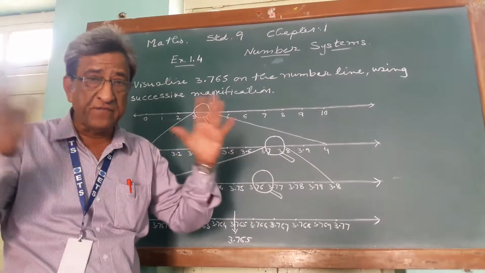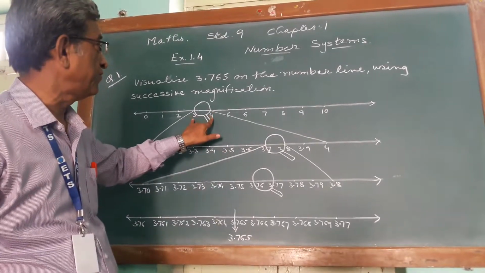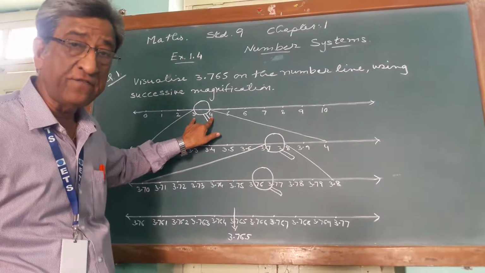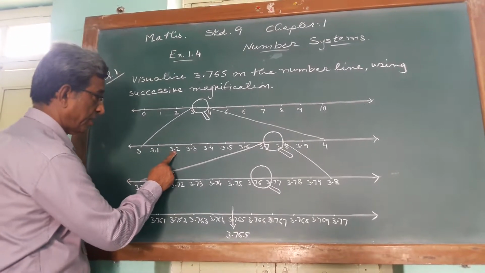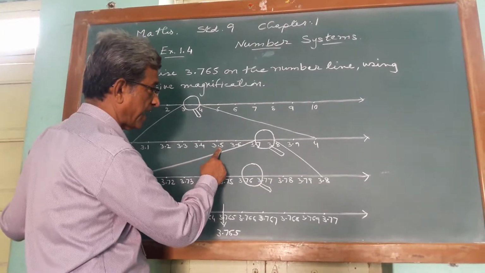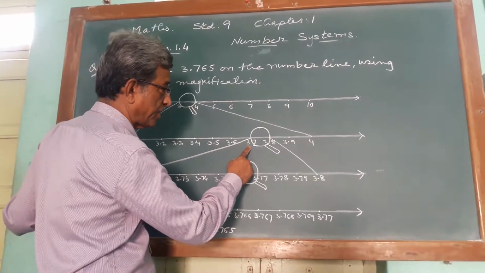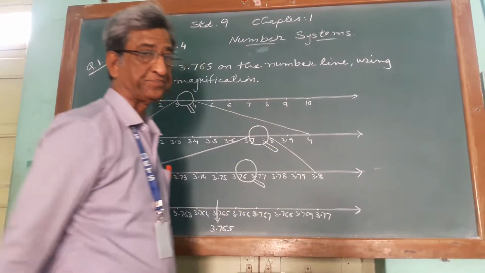Now you have to magnify, to enlarge the portion between 3 and 4. Between 3 and 4 you will get 3.1, 3.2, 3.3, 3.4, 3.5, 3.6, 3.7, 3.8, 3.9 and 4.